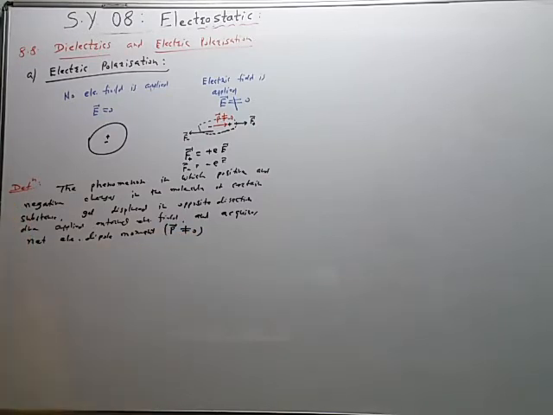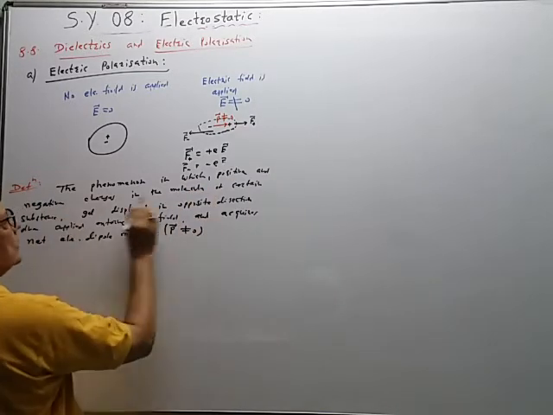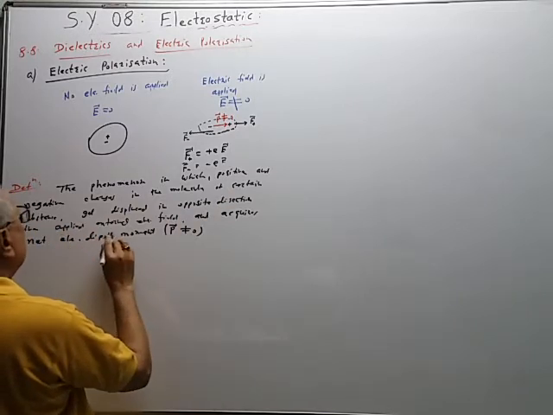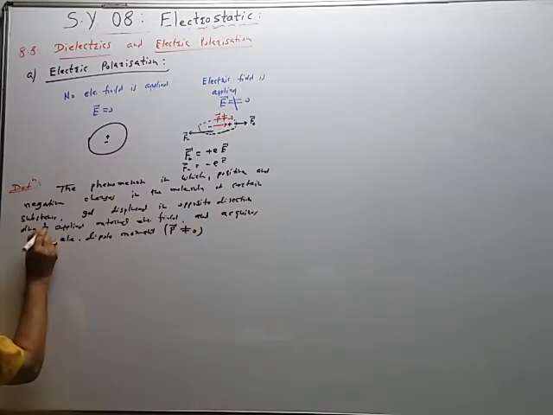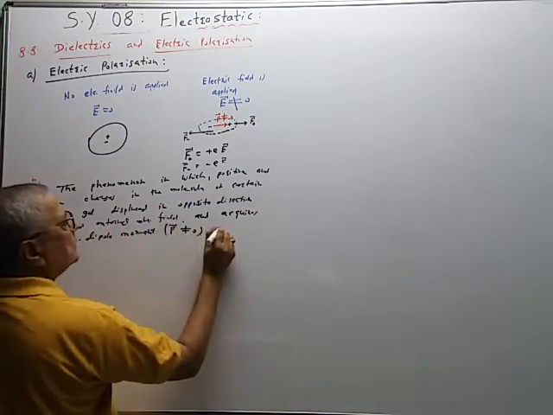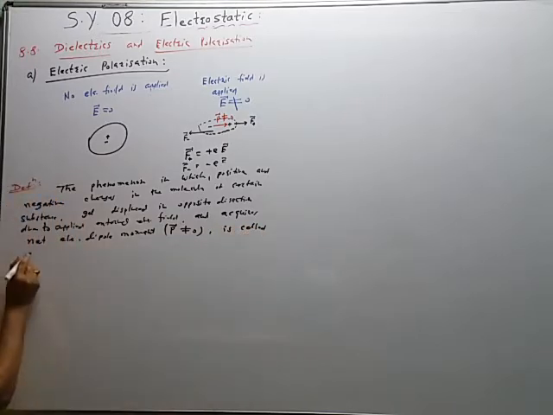The phenomenon in which positive and negative charges in the molecule of a certain substance get displaced in opposite direction due to the applied external field and acquire the net electric dipole moment is called electric polarization.